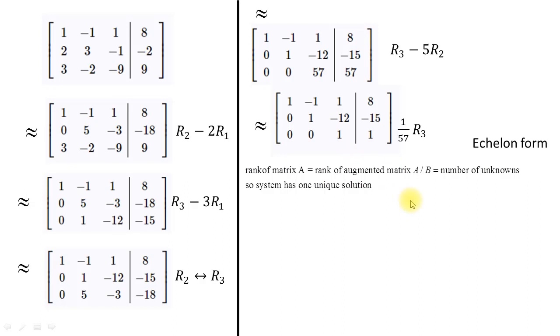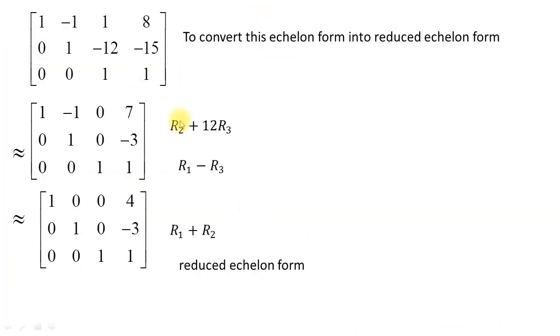But how to solve the system by the Gauss-Jordan method? Now convert this echelon form to reduced echelon form by some more row operations. To convert this echelon form into reduced echelon form, in the reduced echelon form we obtain 1 on this diagonal, and here we need 0.